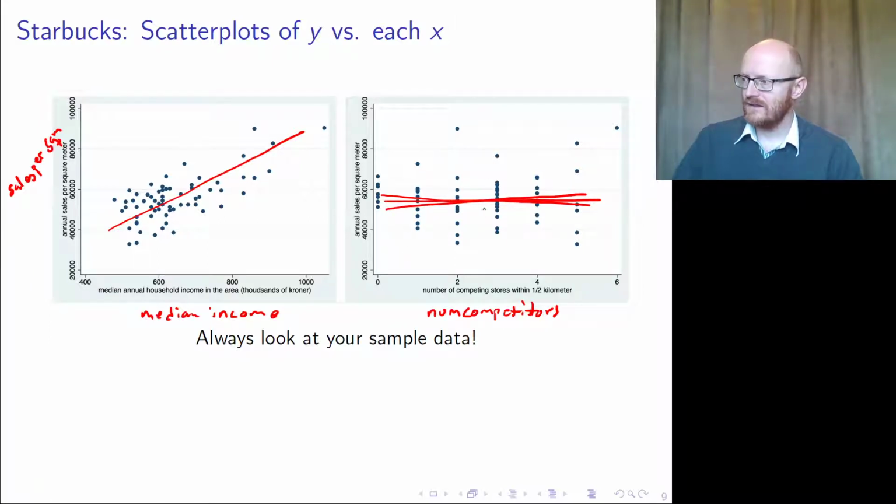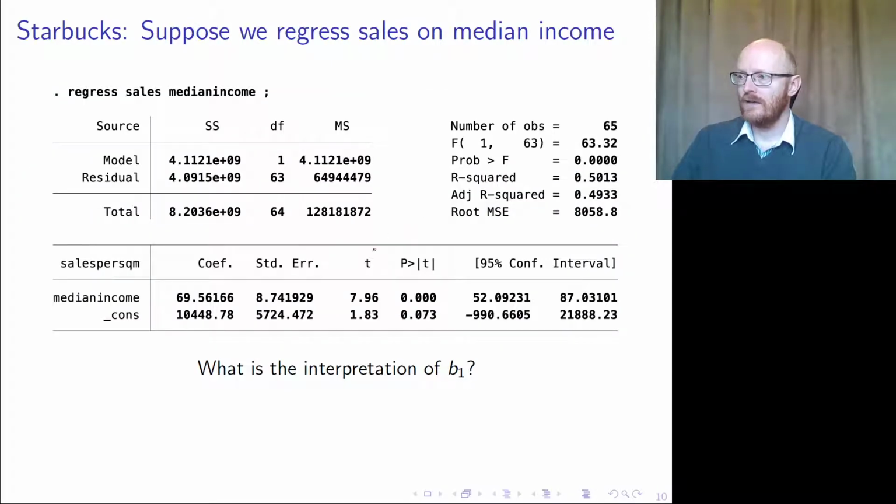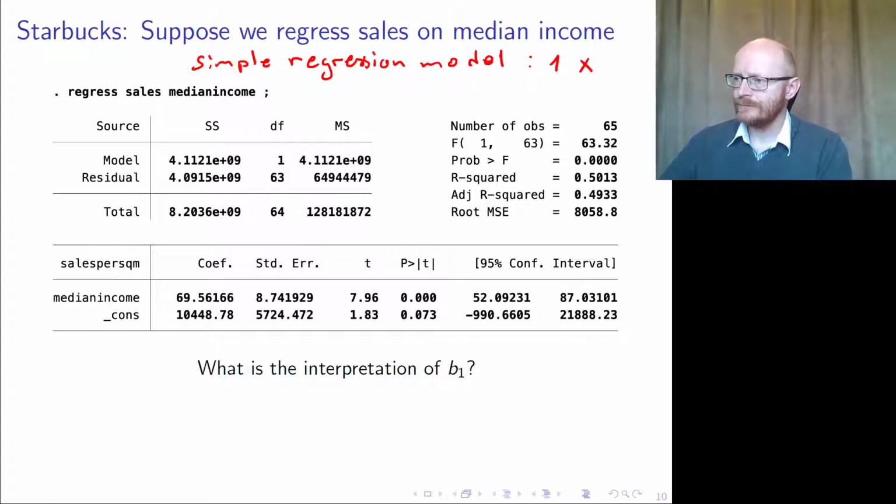So maybe it's not really relevant, but we can get a better guess for these regression lines by regressing y on each of the x's in turn. So let's just run a simple regression model.